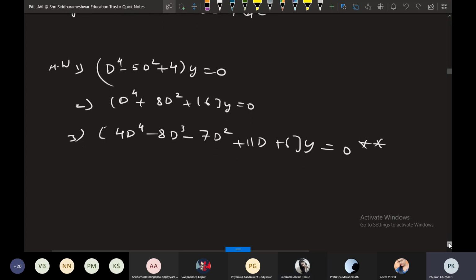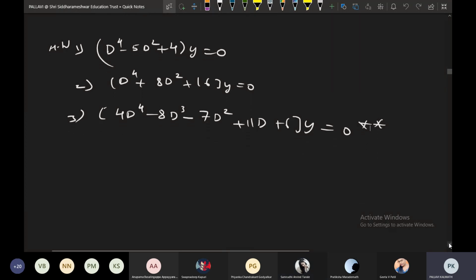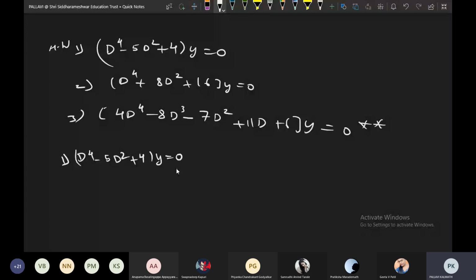Okay, so see here. The first example that was given is D raised to 4 minus 5D square plus 4 into y equals 0.